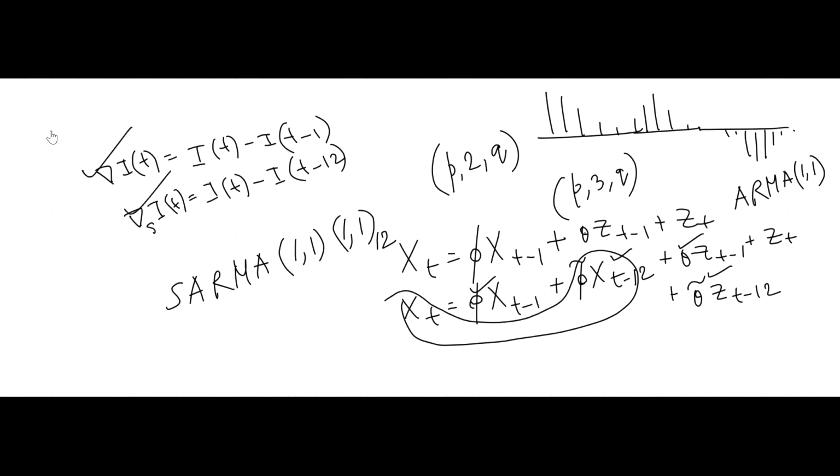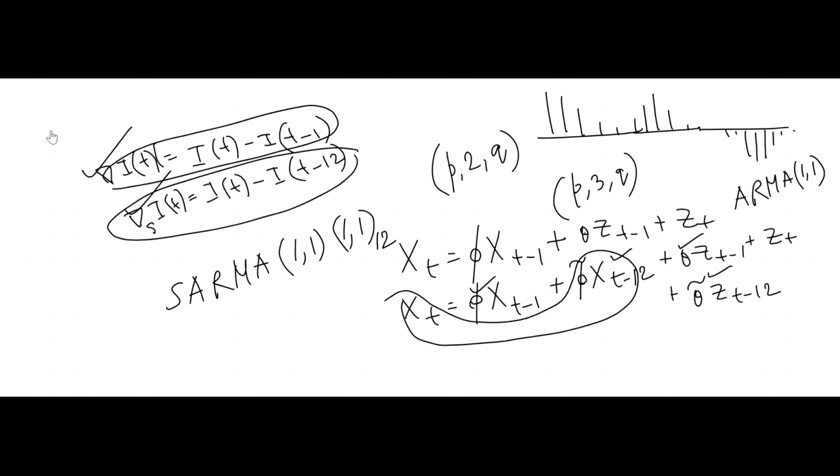Now suppose you take one usual differencing and one seasonal differencing, and after that you get a process. Of course, it is difficult to write that mathematically using an equation, but you will definitely get something.